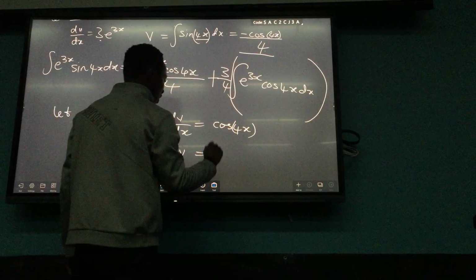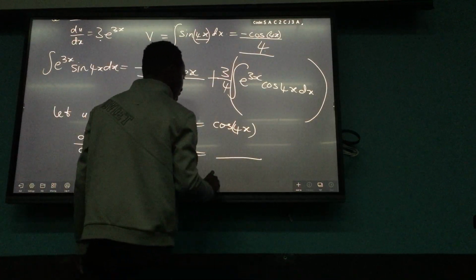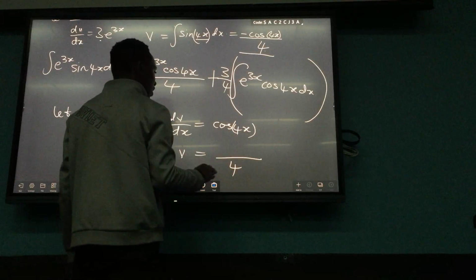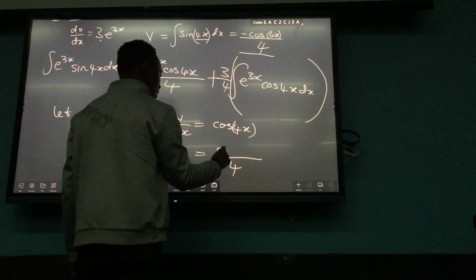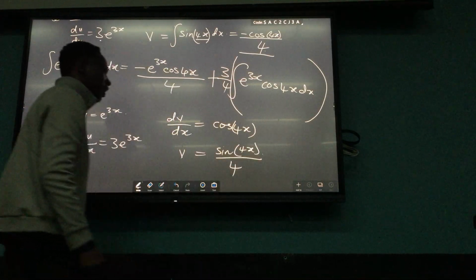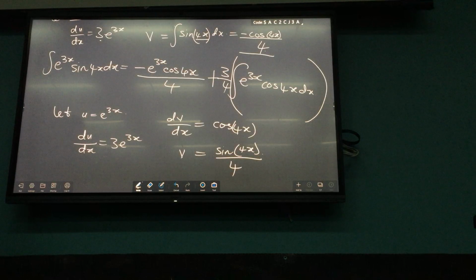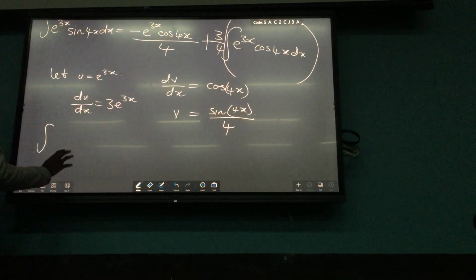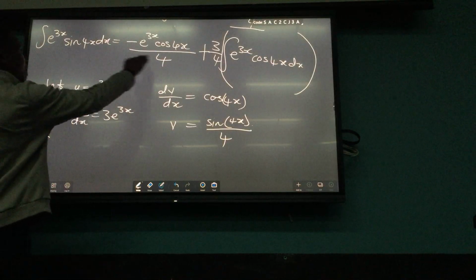V is going to be equal to, the derivative of the inside is 4. We divide by that derivative. The integral of the outside is sine of whatever is inside, which is our 4x. So we get sine 4x over 4. Now we apply integration by parts. So let me just write everything else.